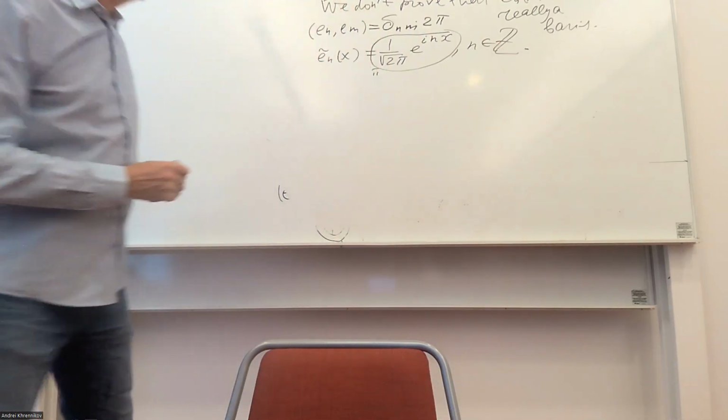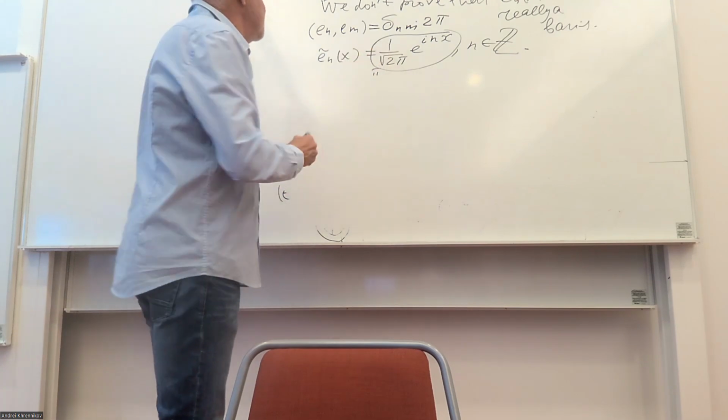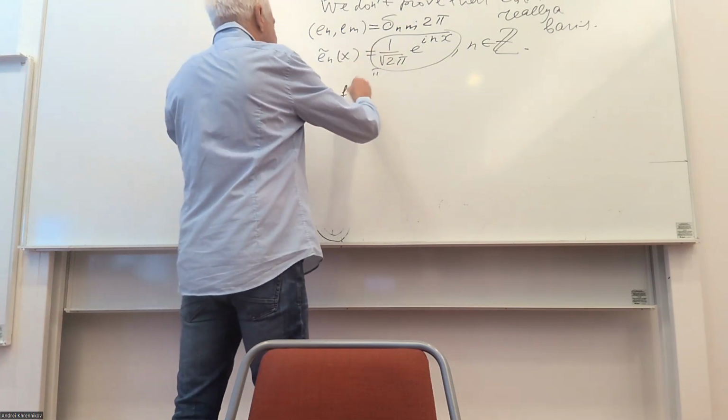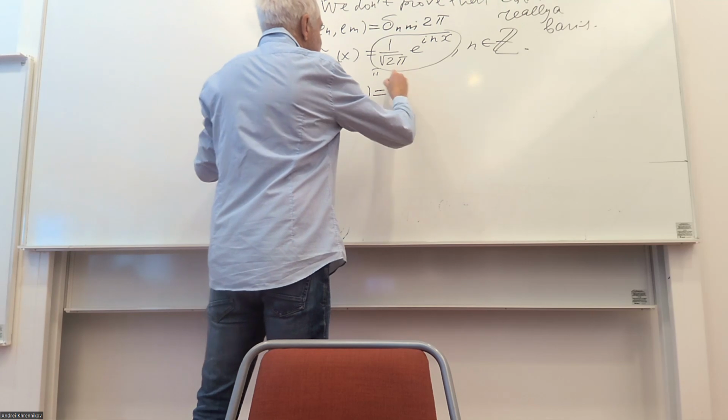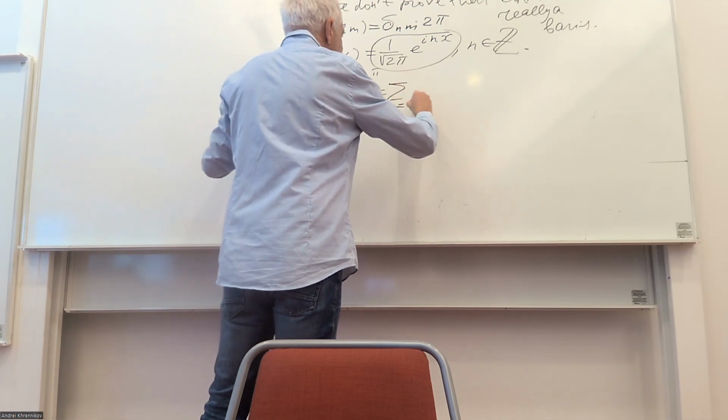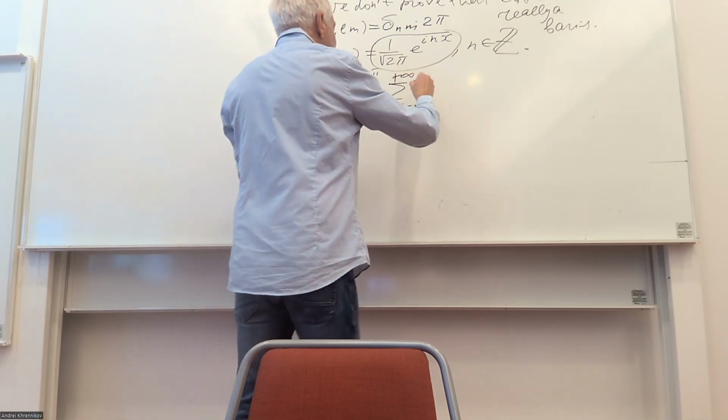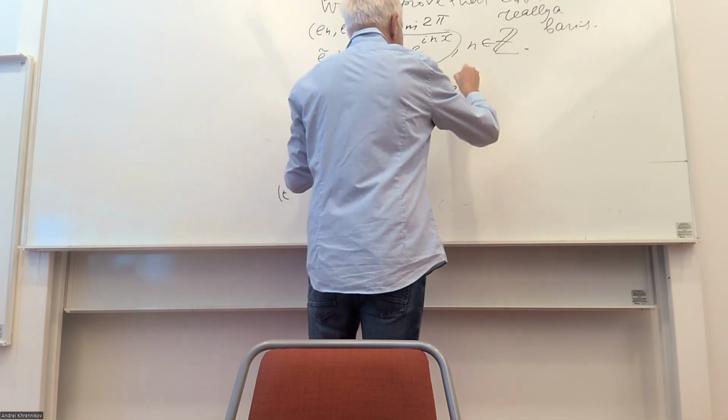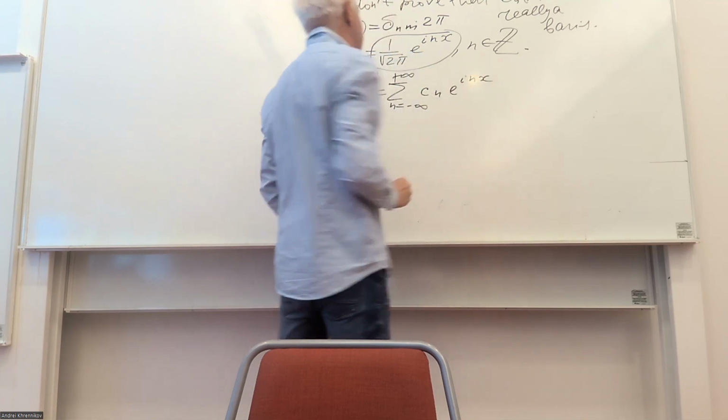Again, people don't want to play with this normalization, and they just write f(x) equals the sum for n from minus infinity to plus infinity of c_n e_n(x).